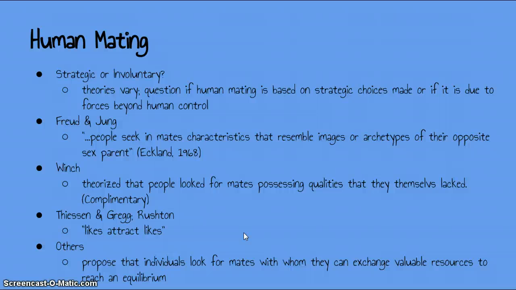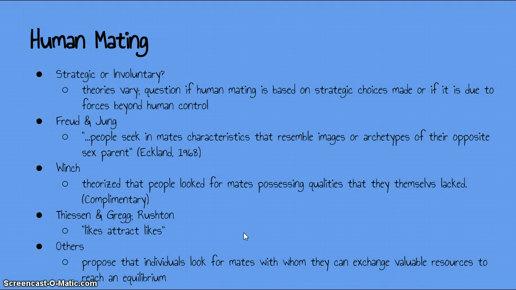Winch theorized that people looked for mates possessing qualities that they themselves lacked. So this would be considered complementary. You're looking in other people for what you think you lack, so you want to make up for it in your partner. Thiessen and Gregg and Rushton supported the theory that likes attract likes. So you look in other people for what you like and you want them to like the same things.